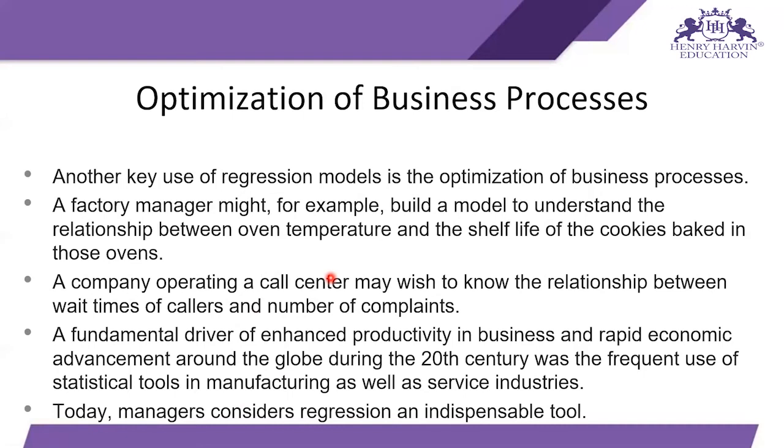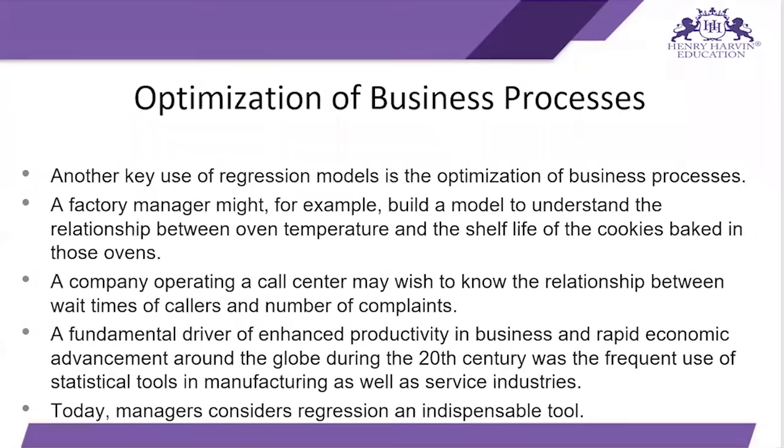The relationship between callers and complaints in a company shows how many complaints are coming in regarding certain topics. Many managers and people use this linear regression model to grow and optimize their business. And that's all for the applications of the linear regression model.